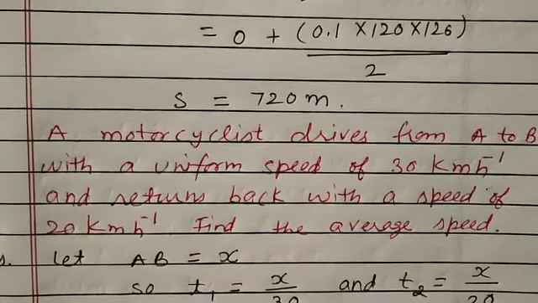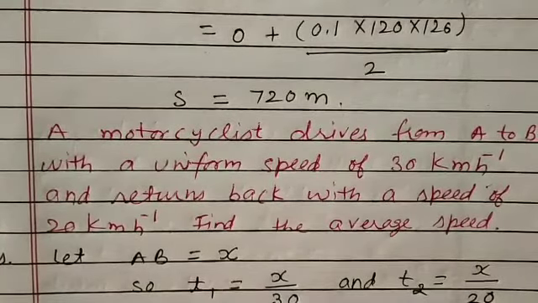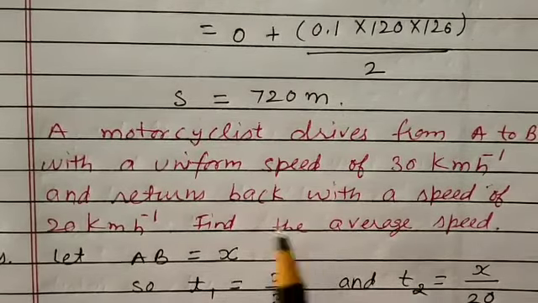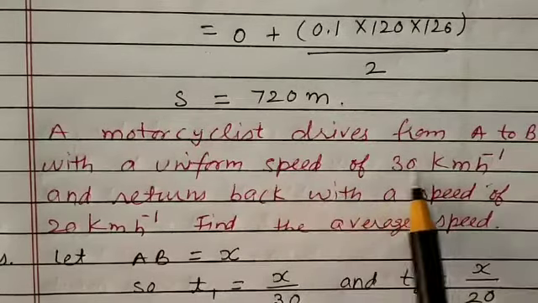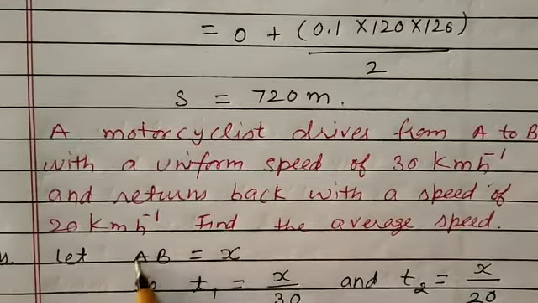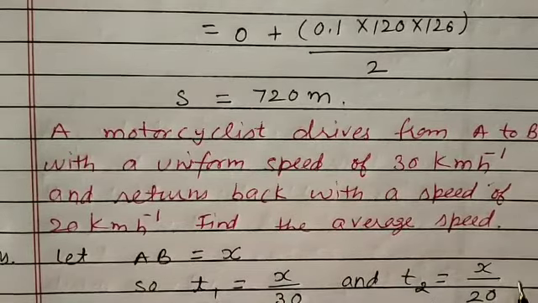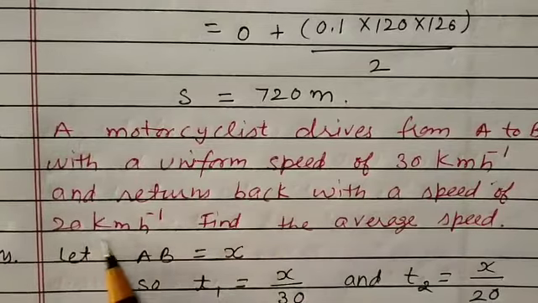If we consider AB as x, then the time t1 comes out to be x by 30, because the motorcyclist drives from A to B with uniform speed 30 km per hour. So t1 is x by 30. This is the distance, and t2 is x by 20, because he returns with a speed of 20 km per hour.